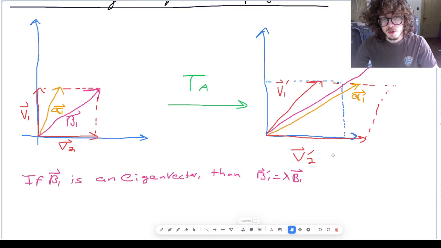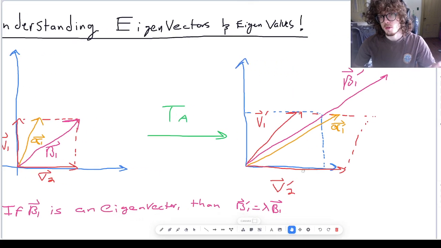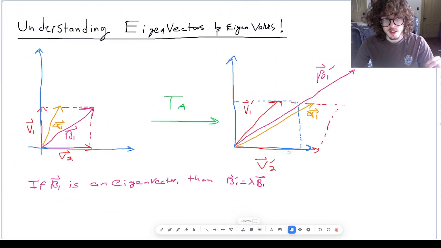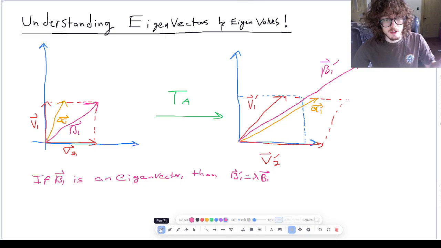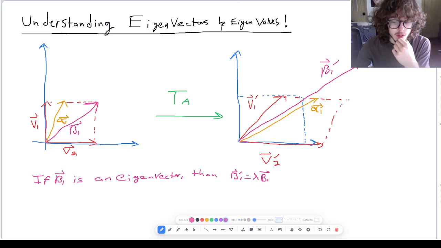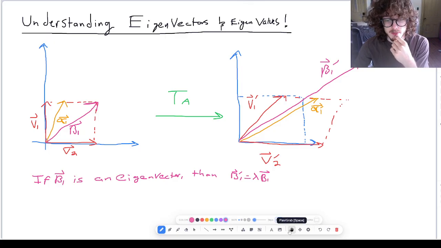And this is an important idea. This will pop up many times in random applications that you might see, where you need a transform that doesn't actually transform specific vectors. In this case, we didn't want to transform beta 1. Beta 1 didn't get transformed with the transform that we did. It just got scaled. Okay, that in essence is an eigenvector in a nutshell.